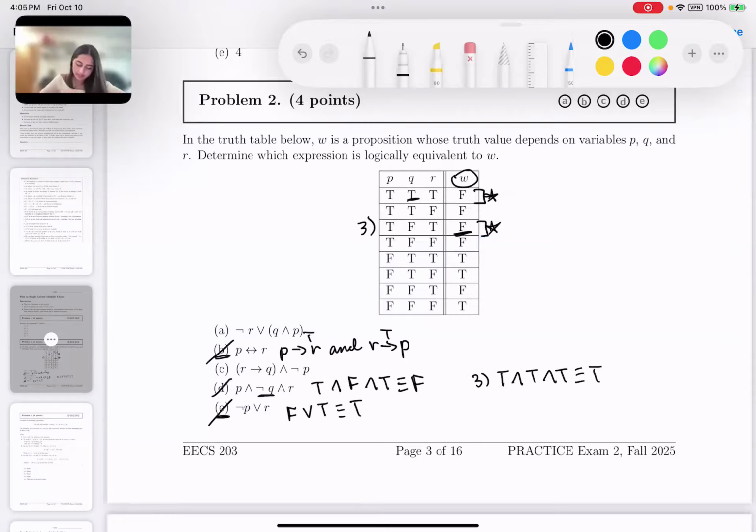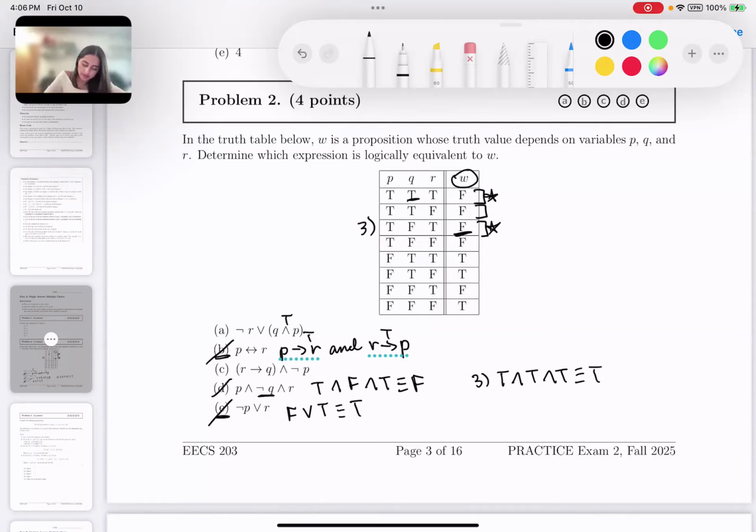Okay, the next example that I'm going to consider is A, because I don't like dealing with implied statements and it's kind of difficult to think about and directly evaluate for a truth table. So A says not R or Q and P. Let's try to find an example in the table in which Q and P are both true, so we want this to evaluate to true, and see what the behavior of the truth table is based on different inputs of R. If we look at row 2, we have a situation in which P and Q are both true and R is false.